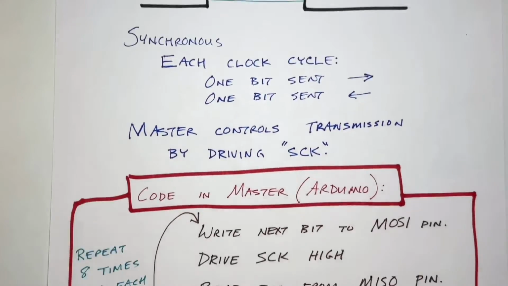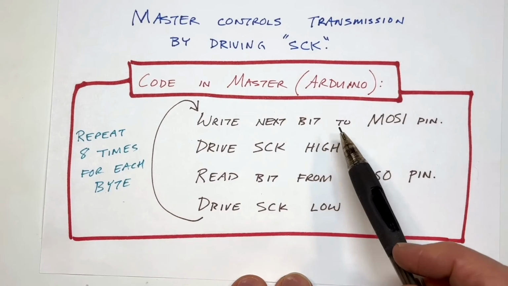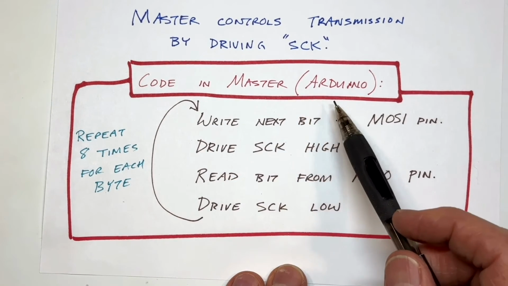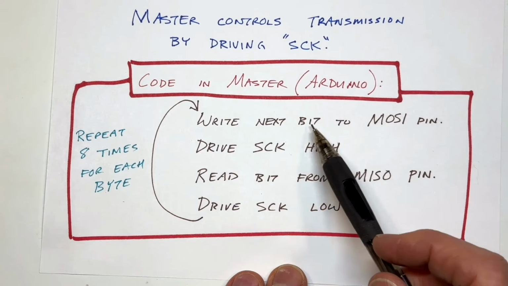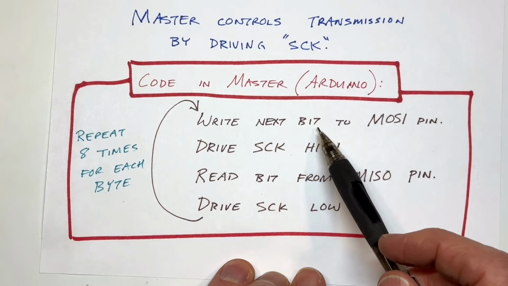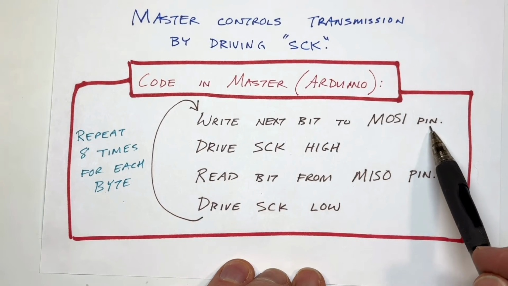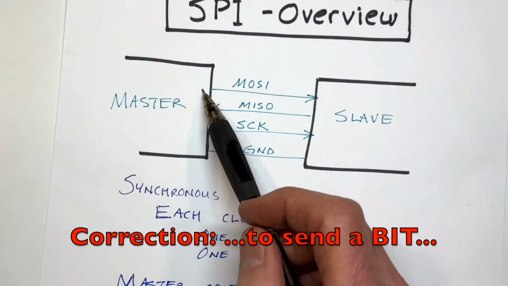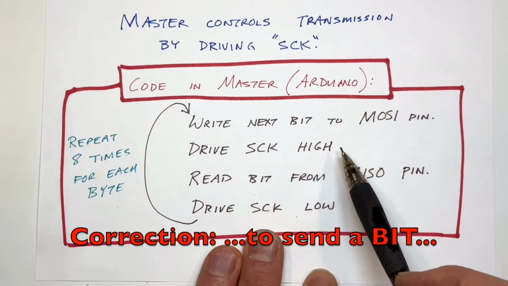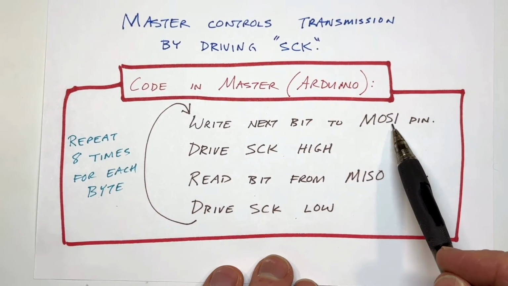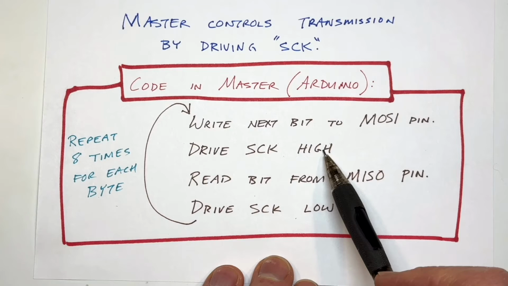So the way that we will transfer data is that the master will write a bit, that is, it will raise or lower the MOSI pin to send a bit, and then after setting the pin, it will drive the clock high.